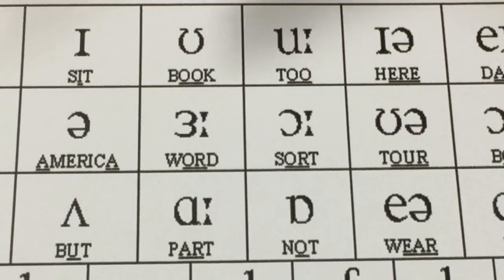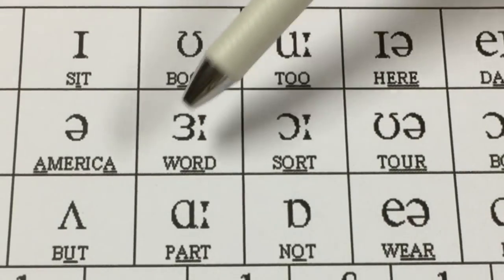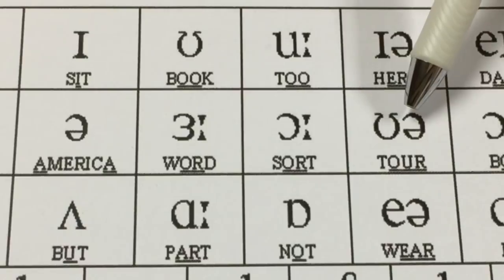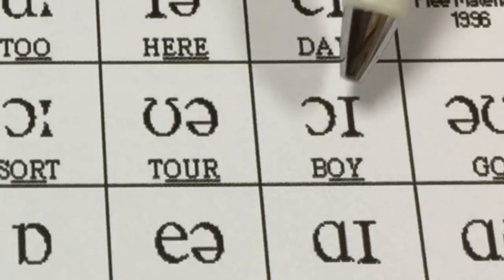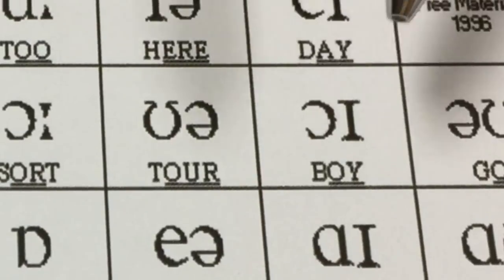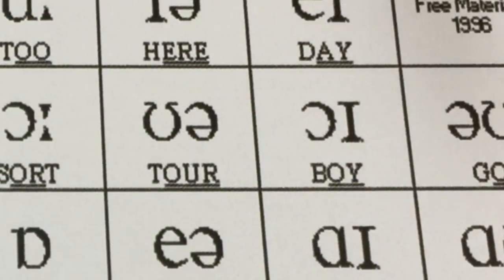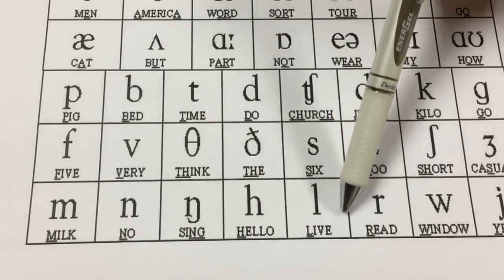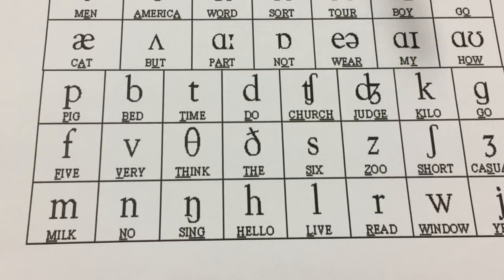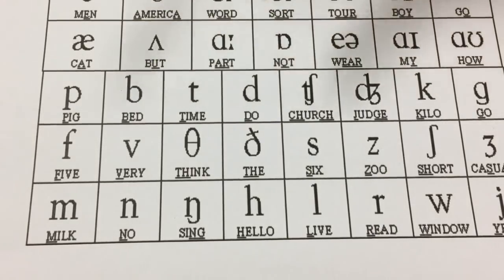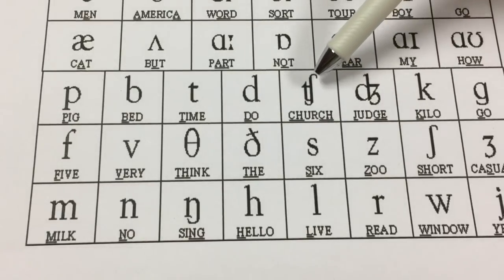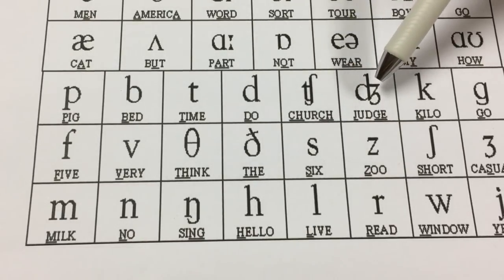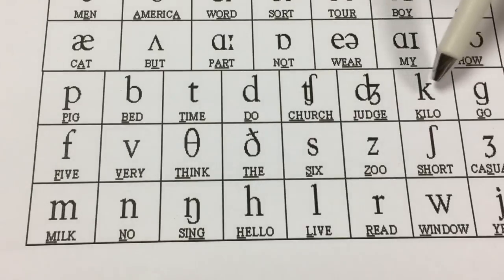We have a word tour, and oi, boy. Alright, and these three lines represent the consonant sounds เสียงพยัญชนะ: p, b, t, d, church, judge, k, g.